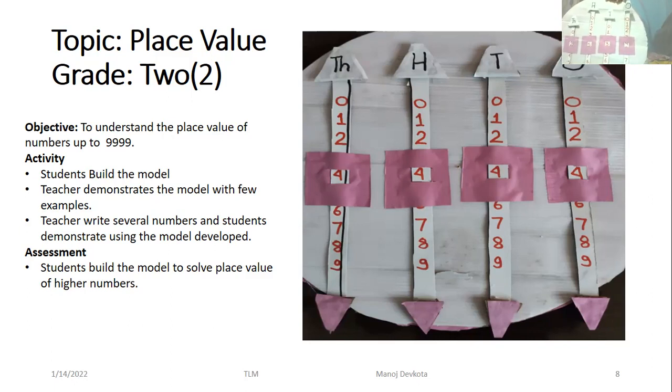So I can arrange number like this, and small children will be able to understand the concept of place value, and also they will be able to demonstrate the facilitator given numbers in the order of thousands, hundreds, tens place, and ones place. So yes, this much for now.